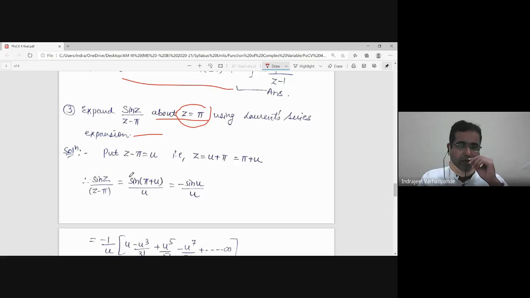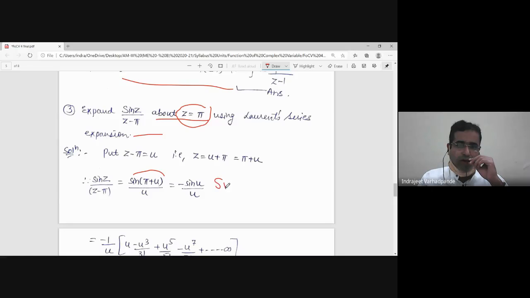Now as per the sin of a plus b formula, how will the expansion of sin of pi plus u be? Sin a cos b plus cos a sin b. So ultimately it will be minus sin u. We know that sin of pi plus theta is minus sin theta.